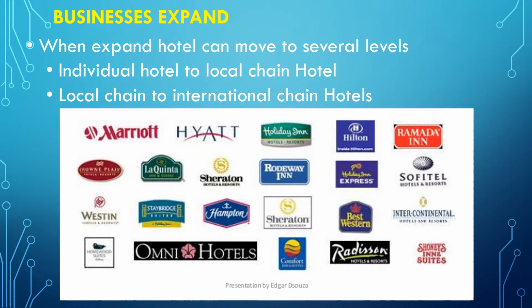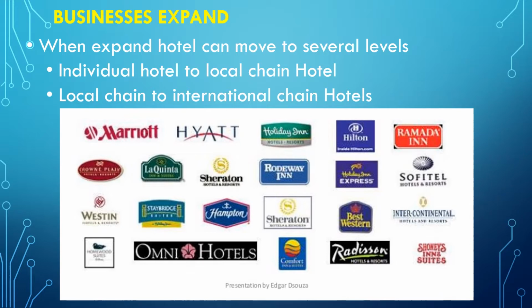So our area is what we need to discuss. When they have a bigger organization, they have to use a proper system. Otherwise, managers cannot control all the hotels. Most of the top level managers need to understand what happened in each and every hotel.